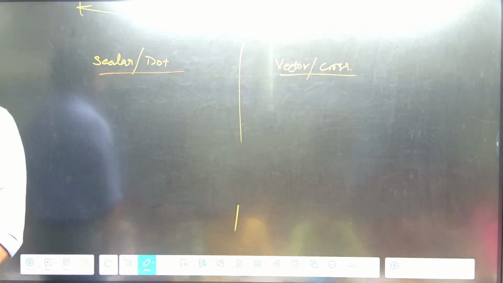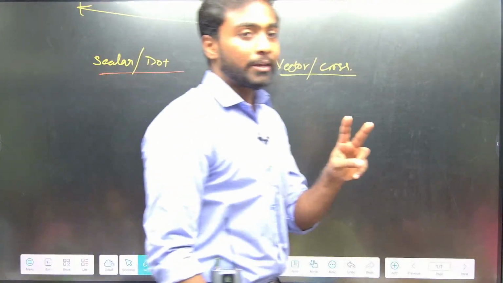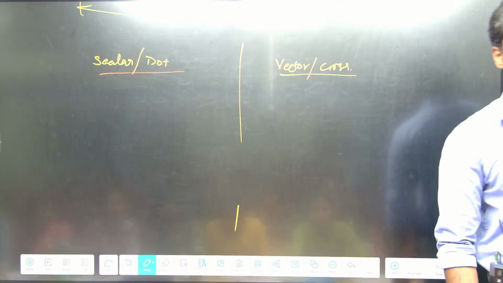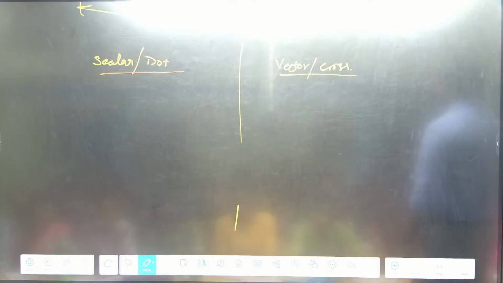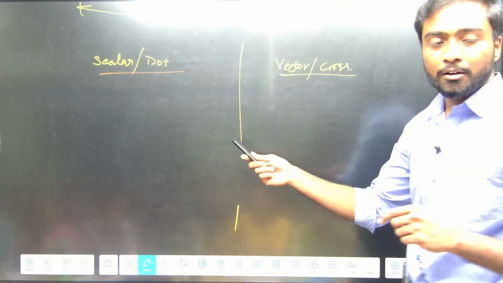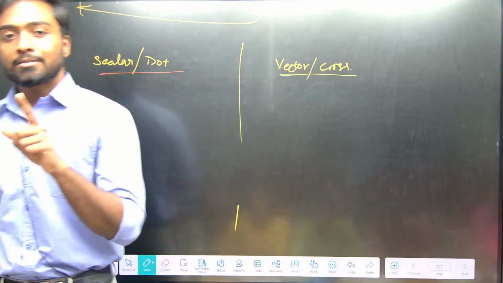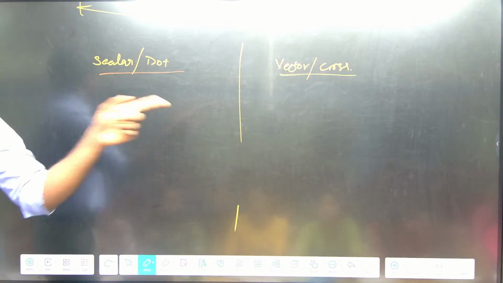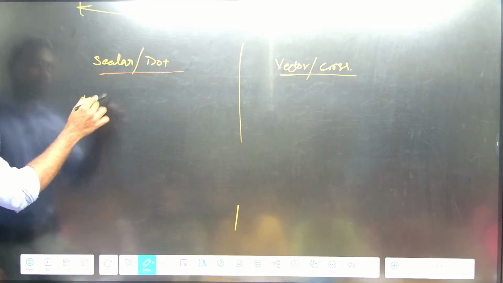When multiplying two vectors, the resultant can be a scalar or a vector, depending upon the operation. If we use a scalar product, which is a dot product, the resultant will be a scalar. When I perform a vector or cross product, the resultant will be a vector. Write down the first point under the scalar or dot product.